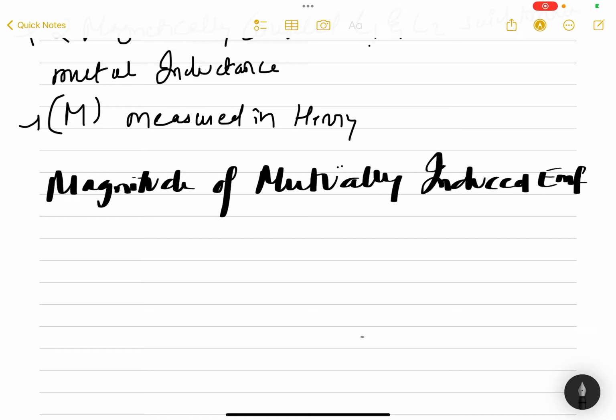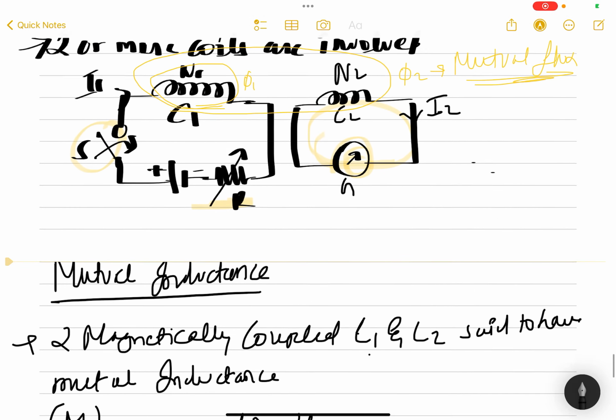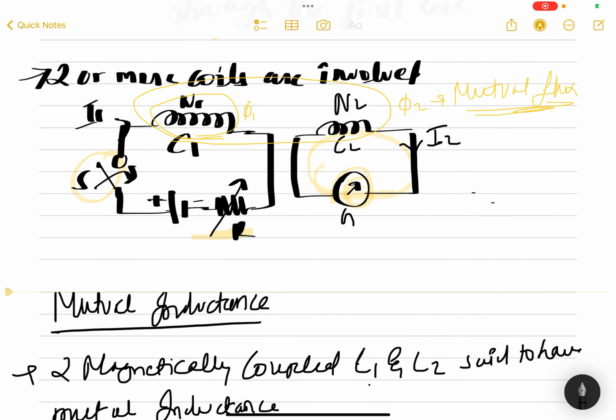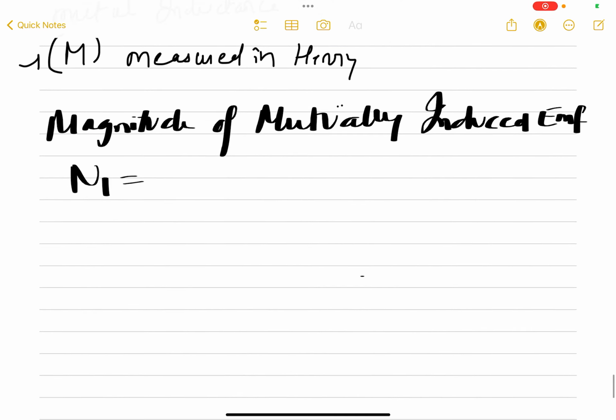Here, let us know some terms. We denote N1 as the number of turns of coil 1.